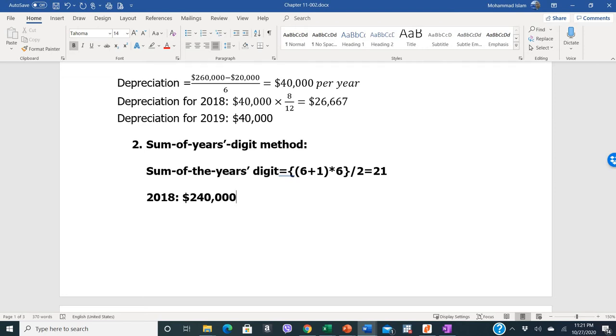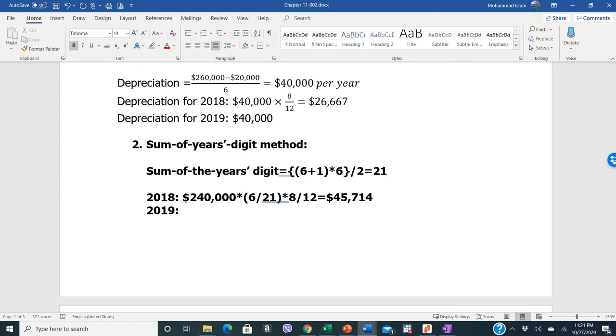Okay, so this is multiplied by 6 over 21, the first year depreciation rate, and multiplied by 8 over 12. So the depreciation would be equal to 45,714.